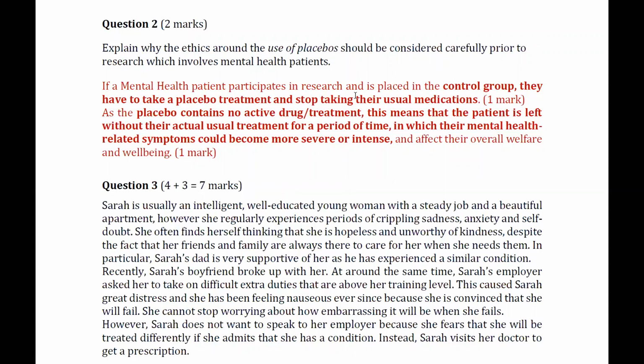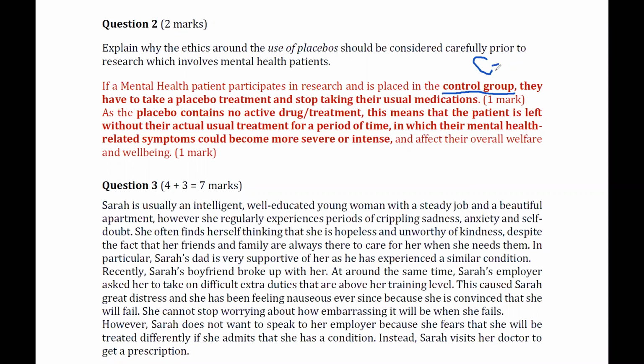So the answer is: if a mental health patient participates in research and is placed in the control group, because it's always important for us to acknowledge that people who receive placebos always belong to the control group, not the experimental group. Remember, the experimental group receives the actual experimental treatment. They have no use for a placebo in the experimental group.